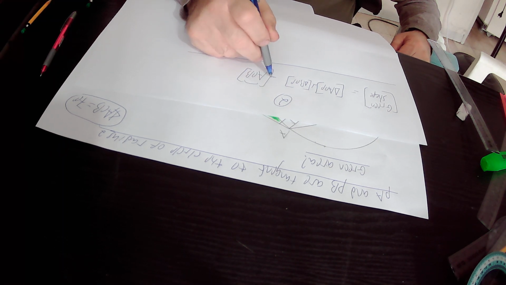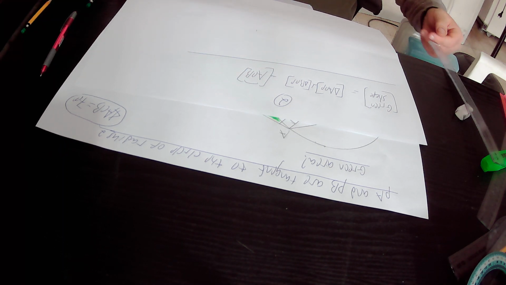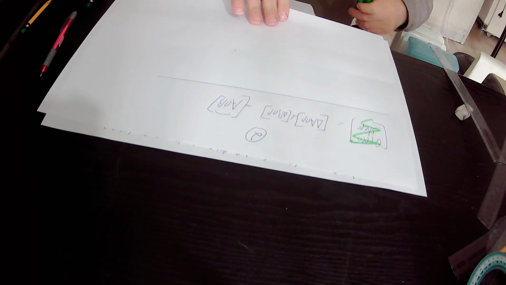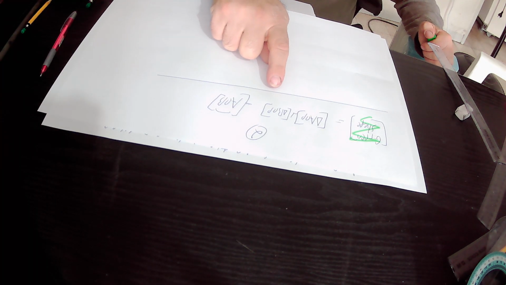Repeat again, we can find out that in total the area of the green shape equals the area of the right triangle AOP plus the area of the lower right triangle BOP.